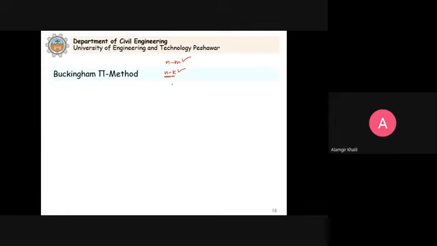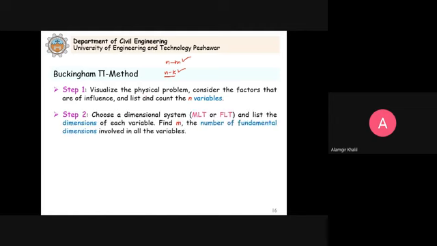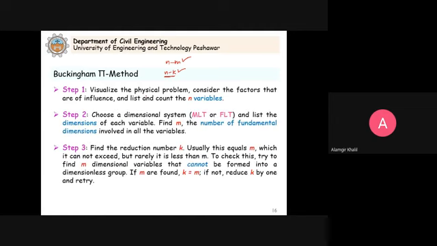Clear? So let me give a quick example before we start the next chapter. You see here that we find the reduction number k. So usually this equals m. It cannot exceed m, but rarely it is less than m.